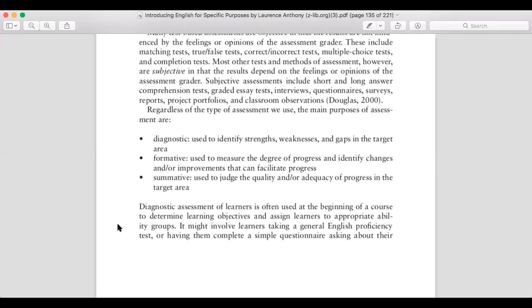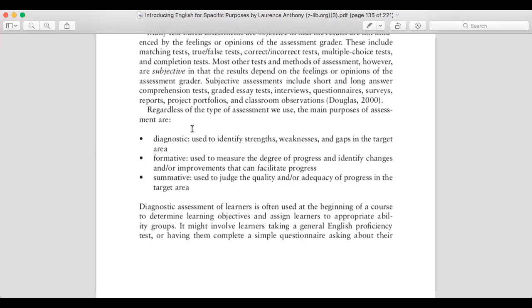There can be diagnostic assessment with the purpose of diagnosing the strengths and weaknesses of the learners. How these diagnostic assessments are conducted, we are going to look at in detail.